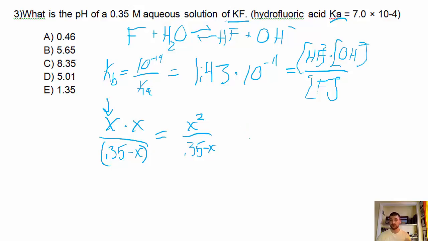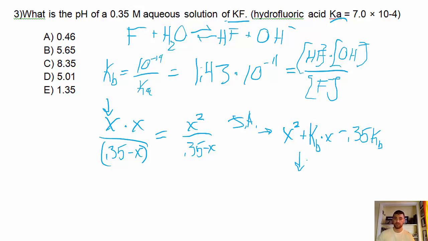I'm going to do some algebra, rearrange that so I get it into that polynomial structure that I'm familiar with, and I get x squared plus Kb times x minus 0.35 Kb.